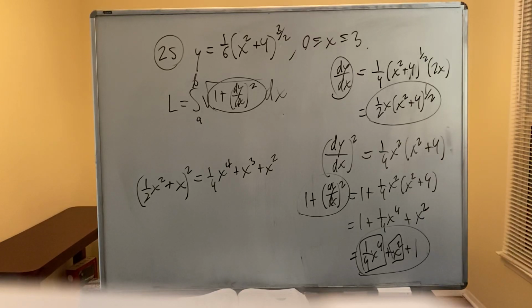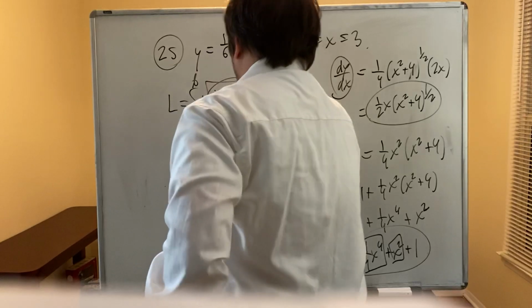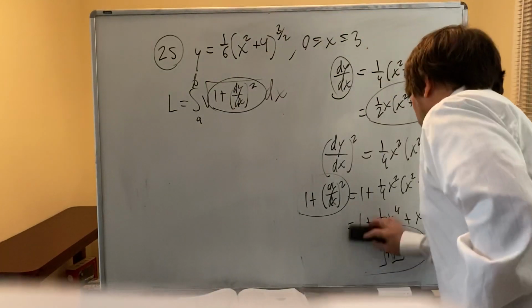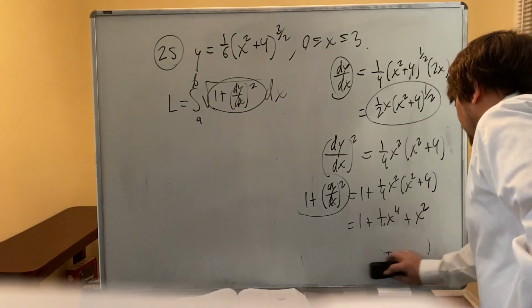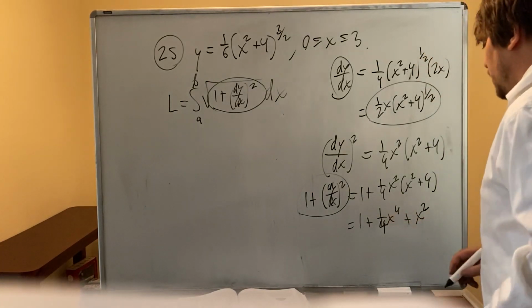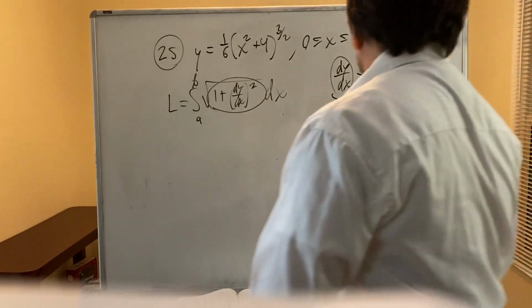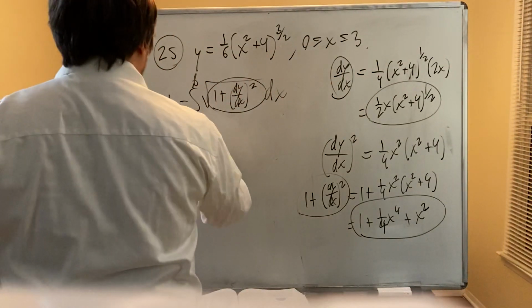Okay. So this didn't work. I wanted it to. So instead, let's go up to this point. Okay. This is equal to this. Okay, so we're going to plug this in.